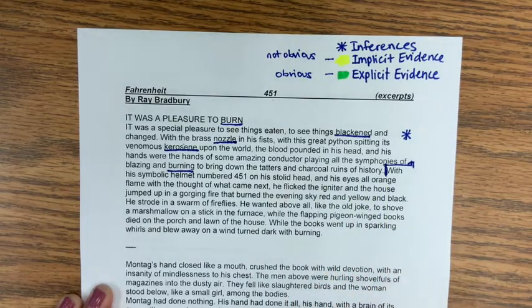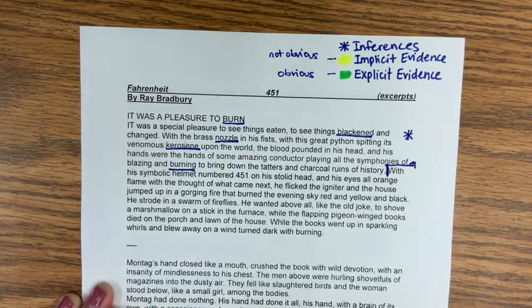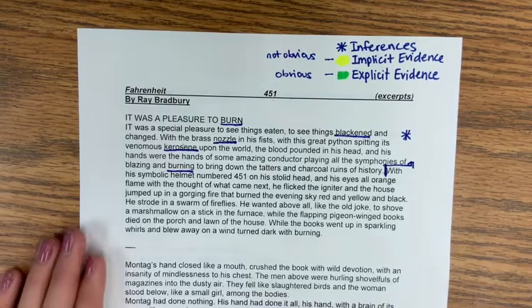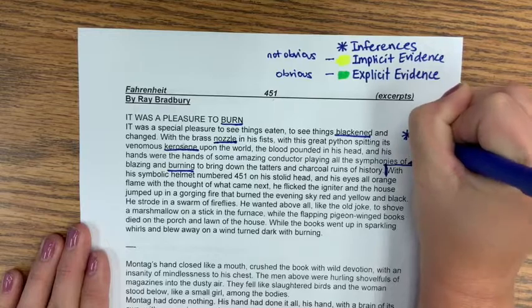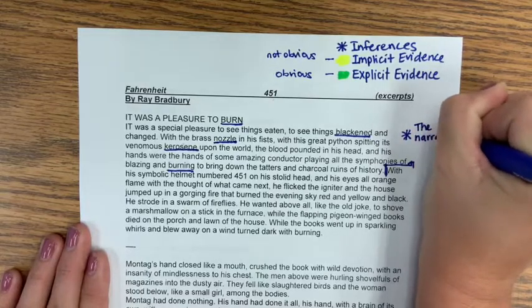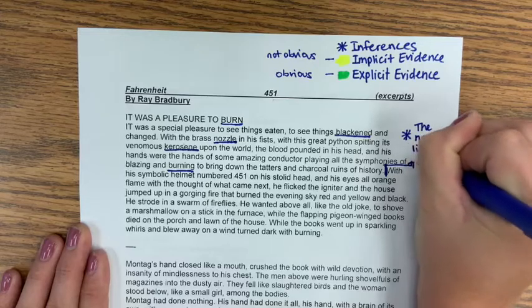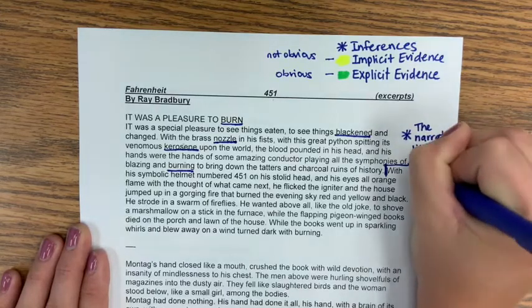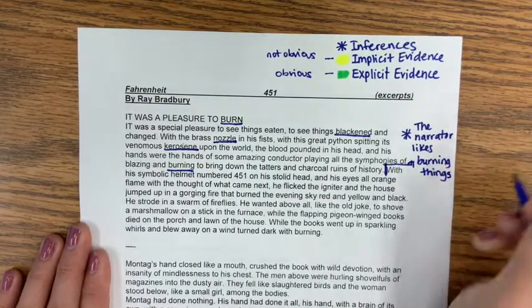So I want you to make an inference to the side. And my inference is going to be pretty simple right now. I'm going to say the narrator likes burning things.